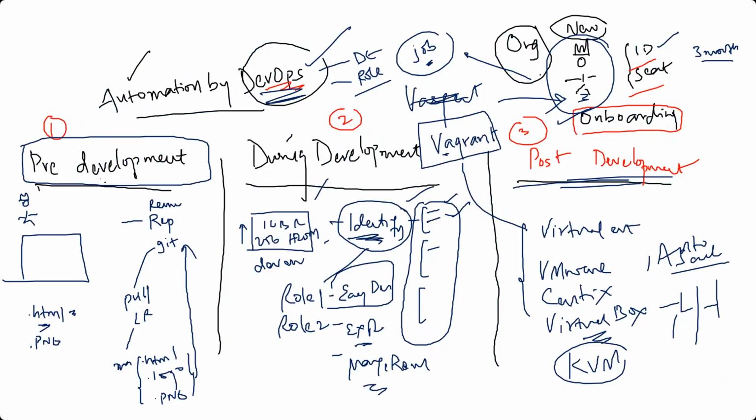Okay, so we'll look at some tools. There are very good tools in the market which are open source. One is Ansible, which is a tool for creating multiple host machines.